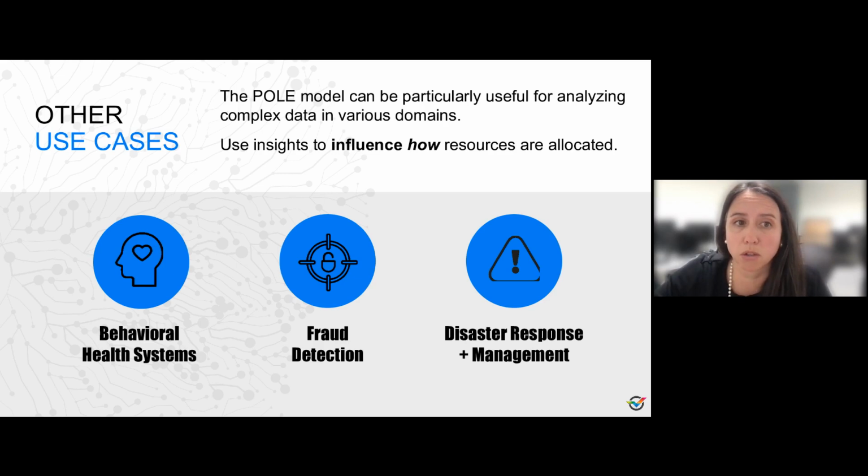Maybe first responders could use it to better connect those in need with the right services and organizations to help them. Maybe fraud detection in finance and insurance, it could reveal complex patterns of transactions and interactions that may indicate fraudulent activity or even potentially organized networks, helping to prevent those financial losses.